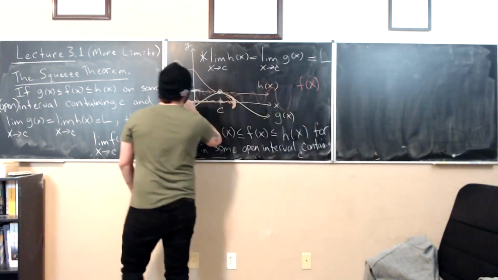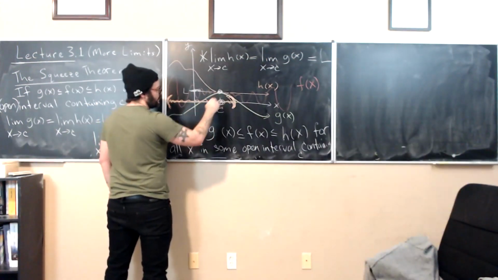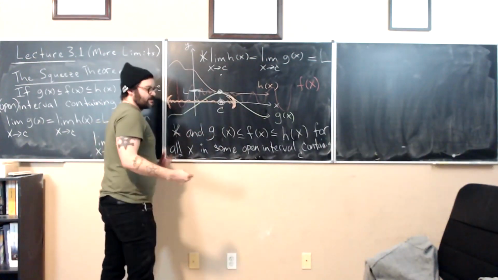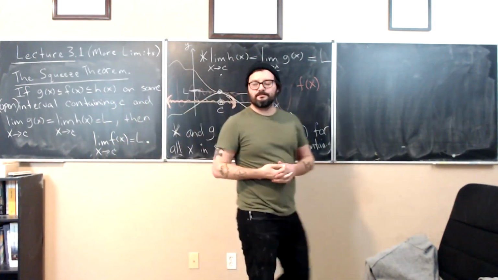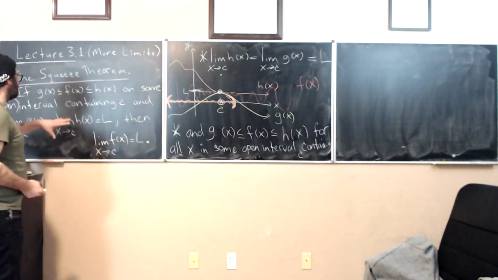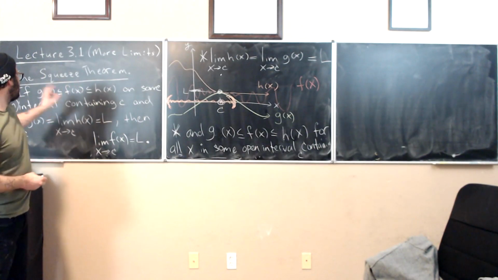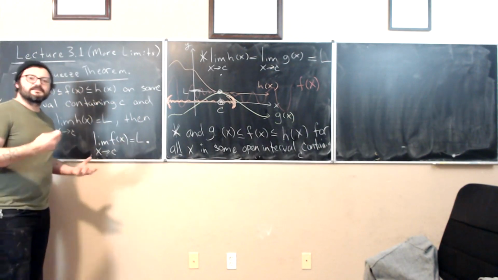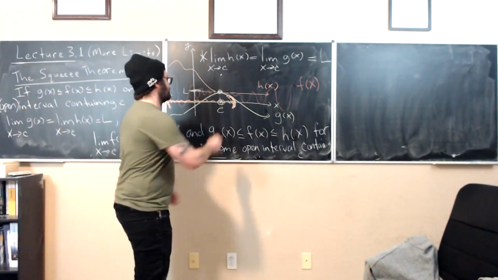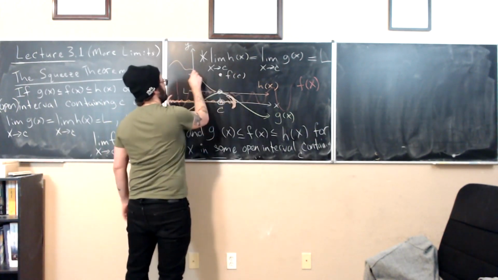Even if for whatever reason, this function differed at one spot and f of c jumped up there, it doesn't matter in the limiting process. So even in my statement here, you should be wary that this inequality holds on some interval containing c, except possibly at c, because f of c could jump up here.